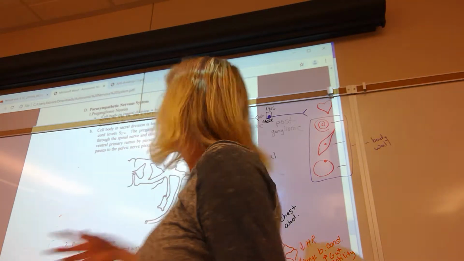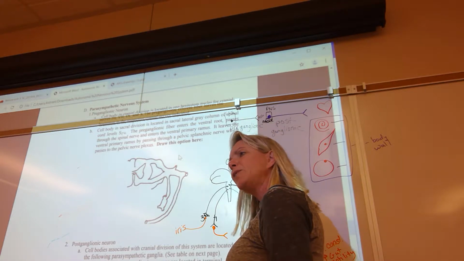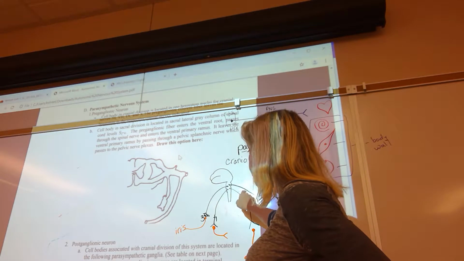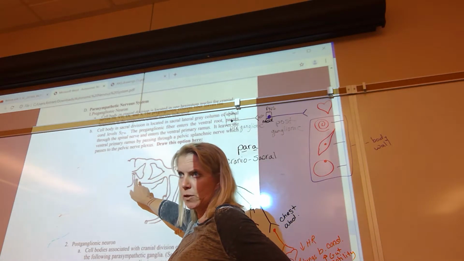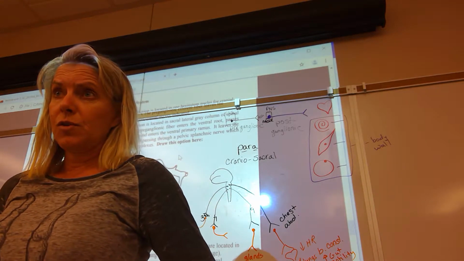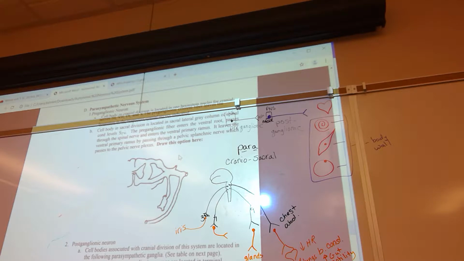That's why you need sacral. That's why you need a part in the spinal cord that can grow preganglionic fibers, but from the spinal cord to get to these lower structures, like your bladder, your gonads. Those are involuntary as well.